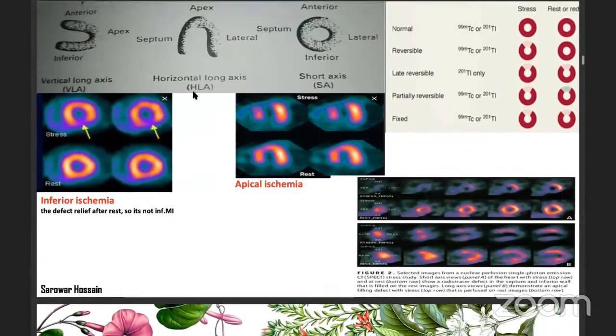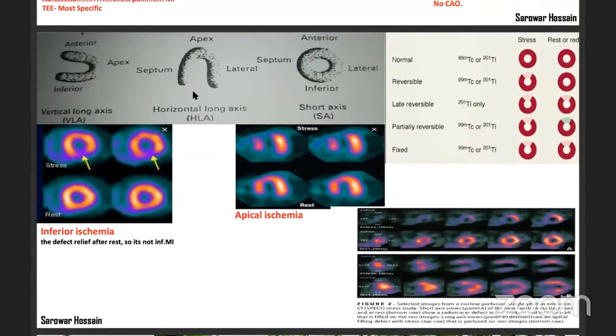Okay, so SPECT is done. What is the indication of SPECT? To assess ischemia or previous MI. If the patient has a previous MI, you can go for this one, with ongoing angina, any chest pain complaint. This is second line, after CT angio.